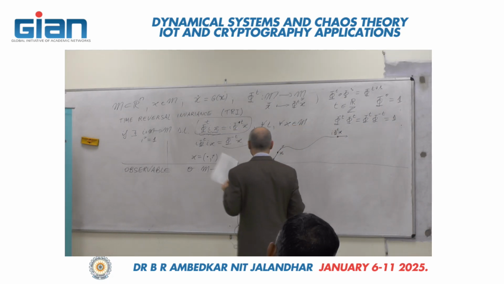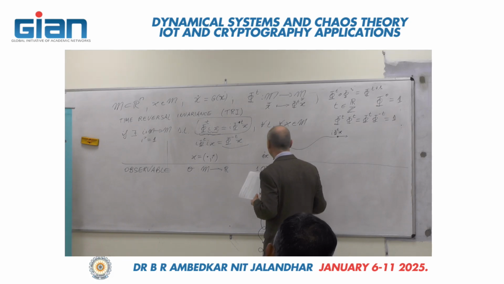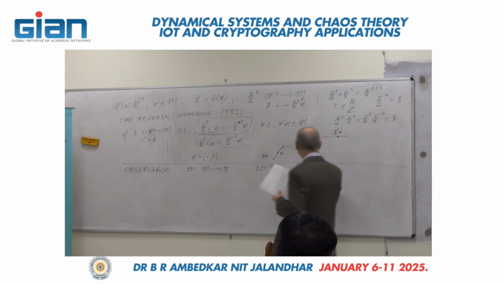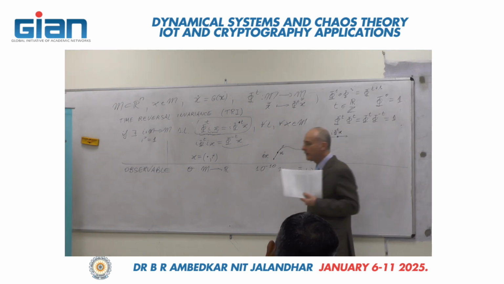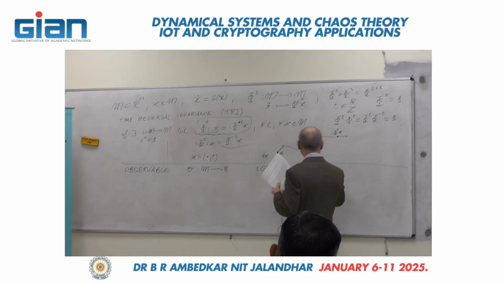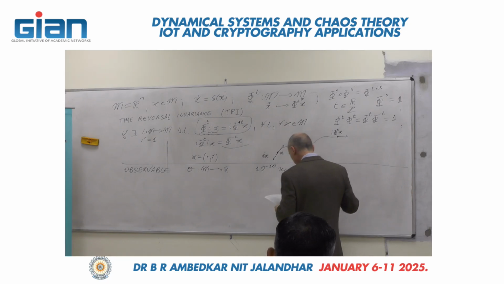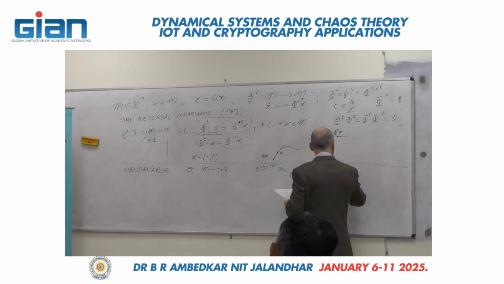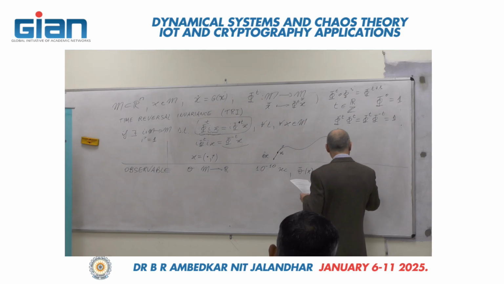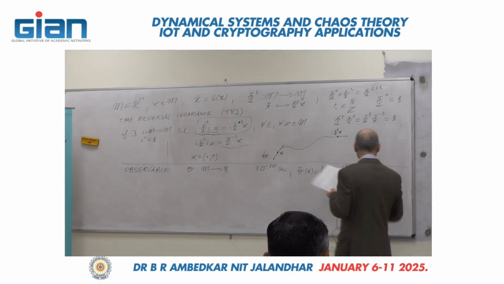We say that the observed value is the time average of the observable O along the trajectory that started at a given point x, defined as the limit for time that goes to infinity of 1 over t, times the integral over time of the values that the observable takes along the trajectory starting at x.